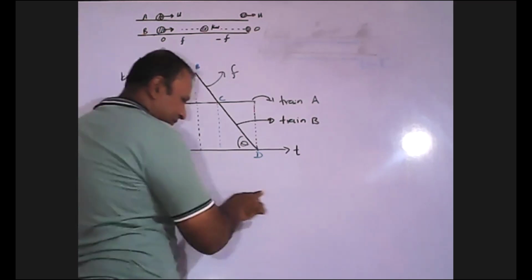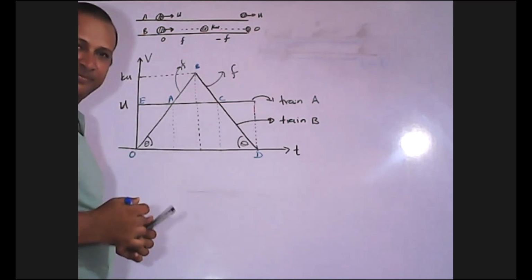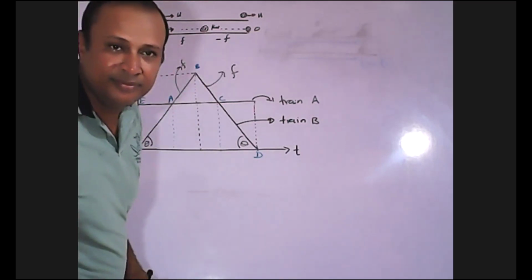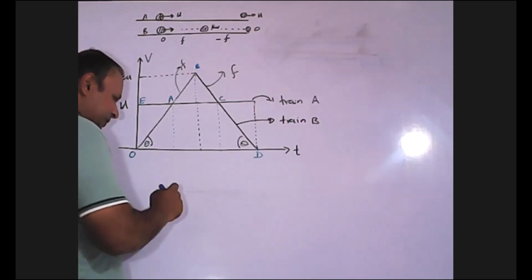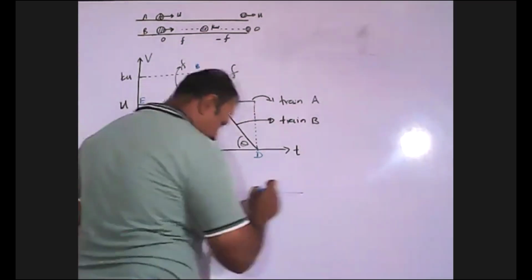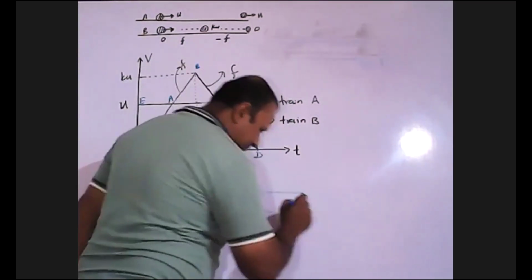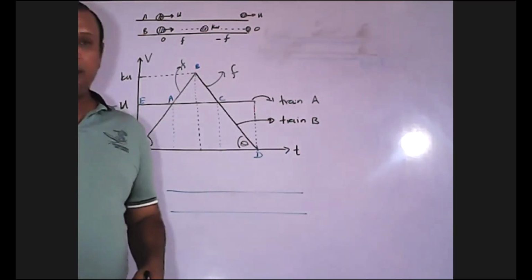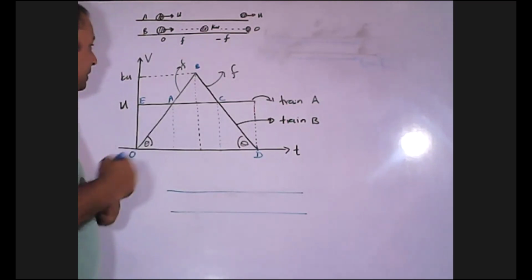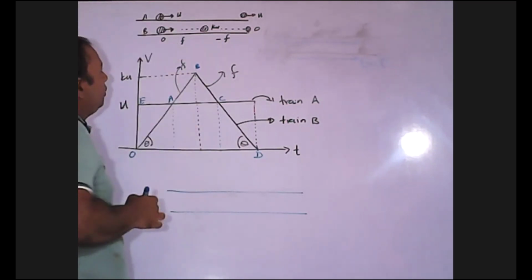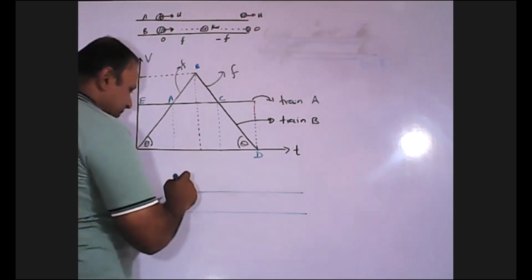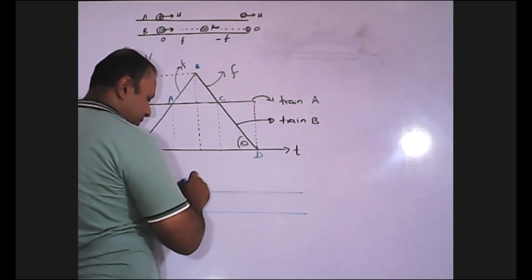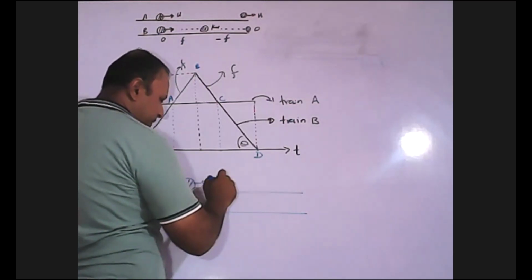Okay, look at this one. Okay, I will explain that. I will explain with some numerical values. Suppose the velocity of A is 10 ms minus 1.